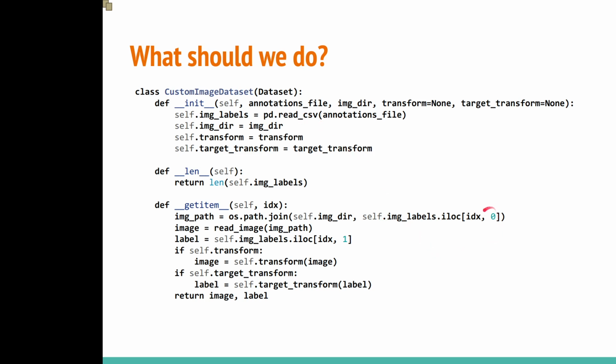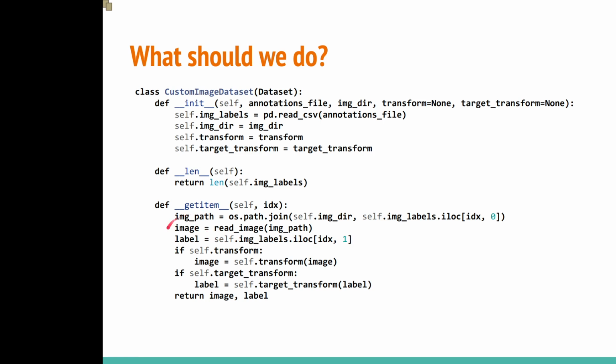The first column is the file name, and the second column is the label. So we read the file name and get the full image path, and then we read the image data, and then we read the label from the second column of the CSV file. So we can just return these two to the caller.